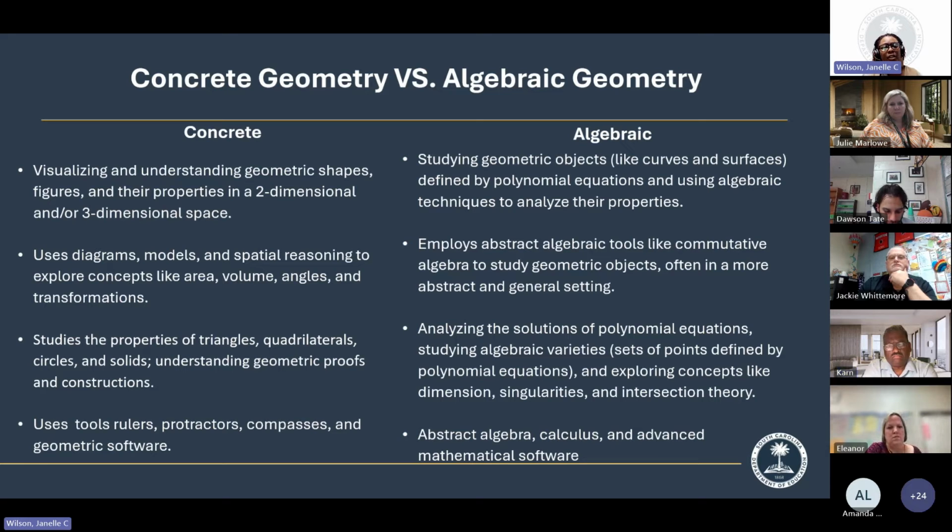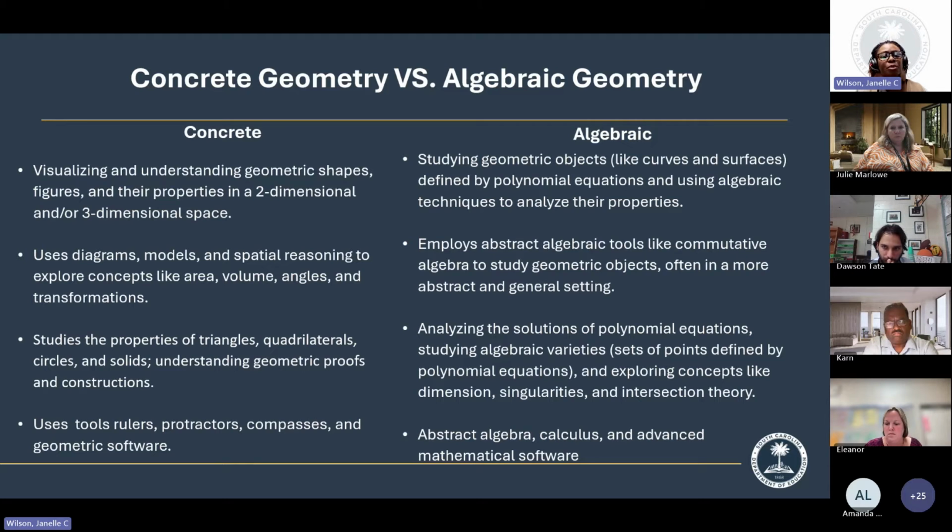Analyzing the solutions of polynomial equations, studying algebraic varieties, sets of points defined by polynomial equations, and exploring concepts like dimensions, singularities, and intersection theory, and abstract algebra, calculus, and advanced mathematical software. What characteristics or keywords jump out at you when we see this in the algebraic column?